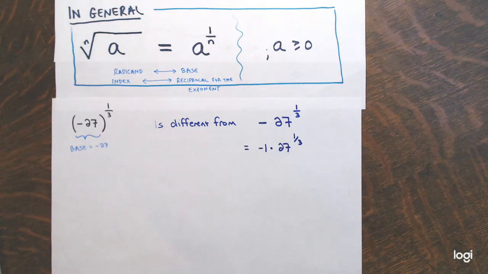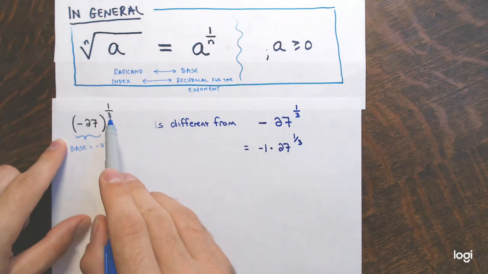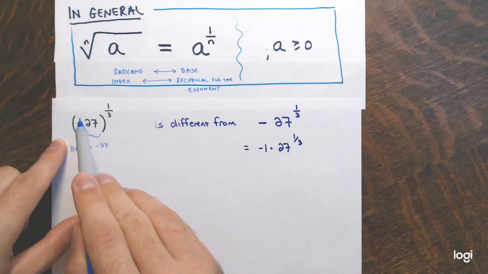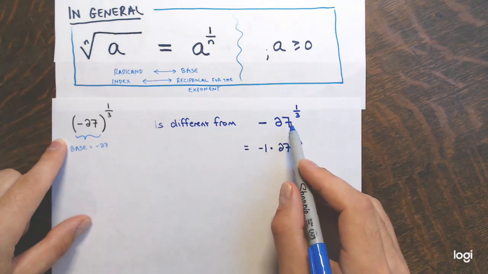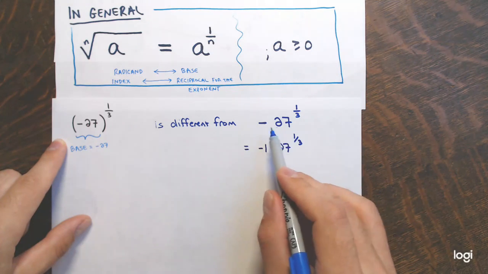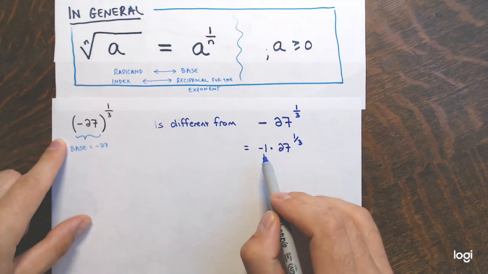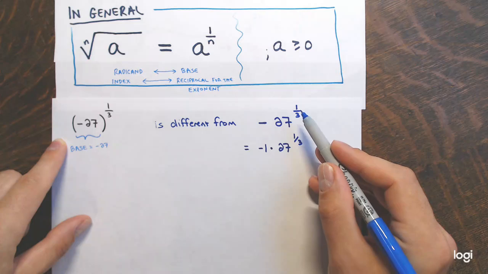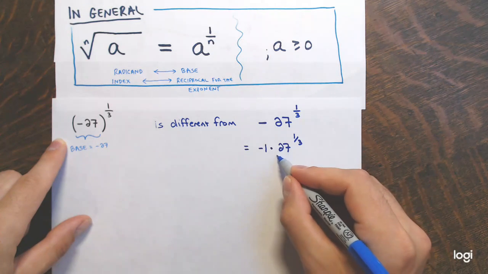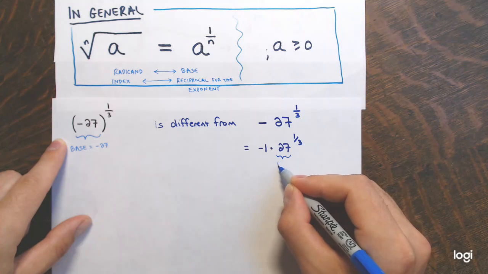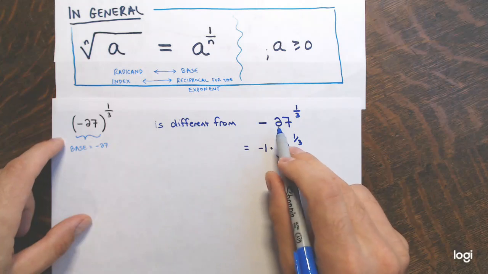So on the left side of my page, under the exponent of 1/3, the base is all in parentheses. It's this entire thing, negative 27. On the right side of the page, when there aren't any parentheses, this negative sign implies that I have a factor of -1, and under the exponent of 1/3, the base is only the number 27, not negative 27.